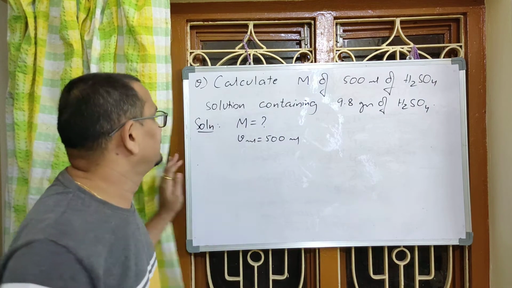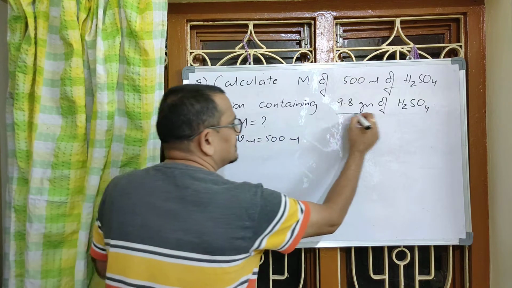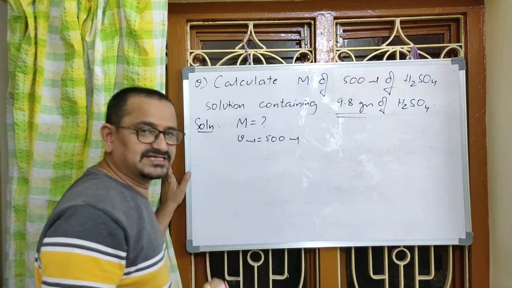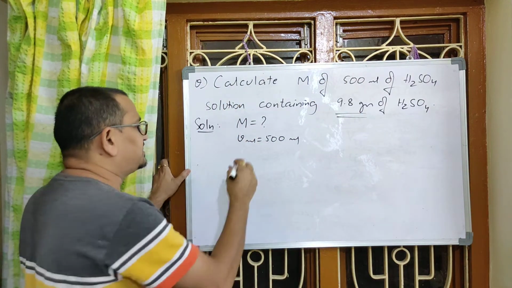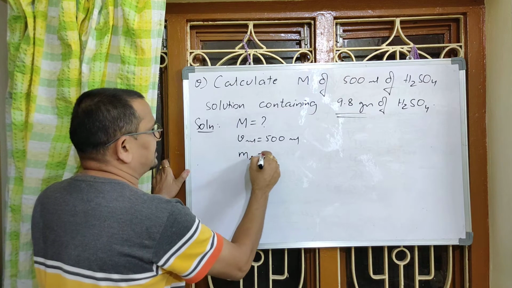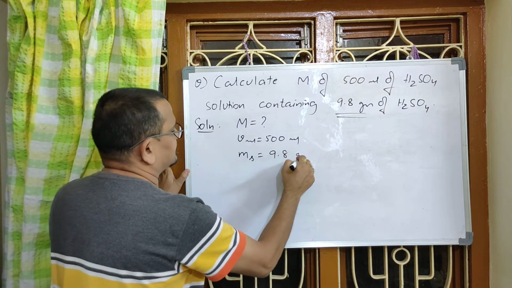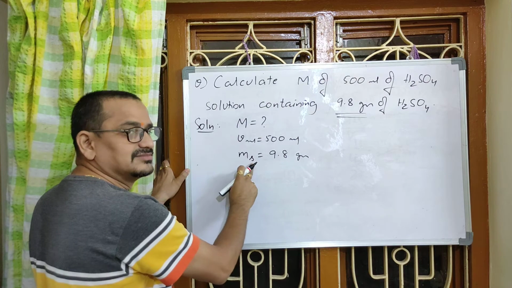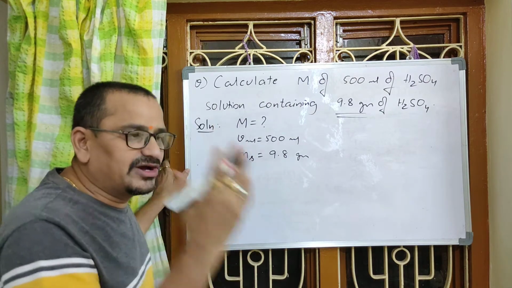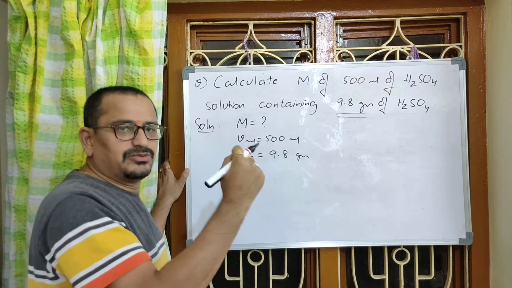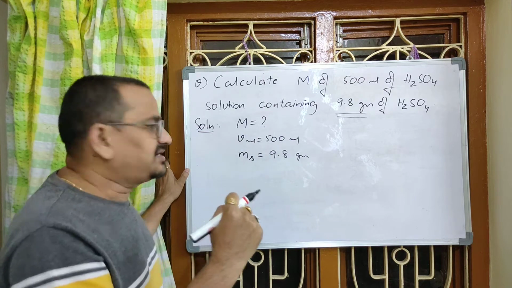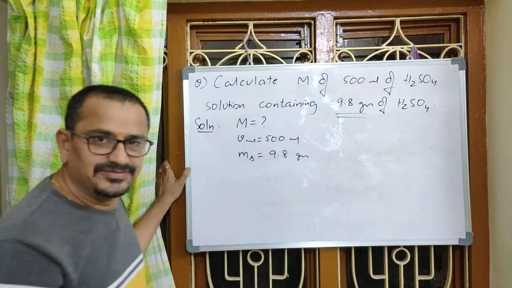That's a simple thing. Now, grams means it is expressed for mass, right? So, mass of the solute equals 9.8 grams. What is solute? That's the point where everyone should be very attentive, right? What is solute in this solution?